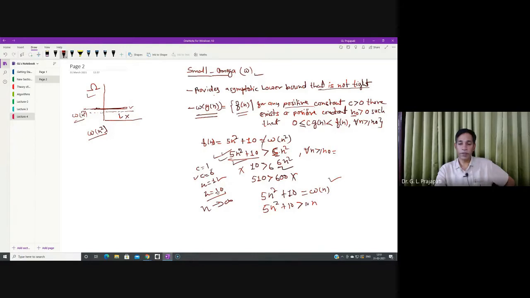Even if you take 100, c sufficiently large, there is no issue. C can be small enough. Even if you take c equal to 100, then surely you will find some value of n0 for which this relationship holds true for every value of n greater than or equal to n0. Why is it so?